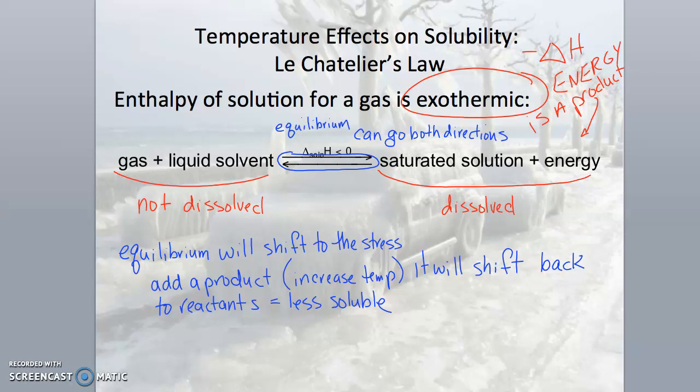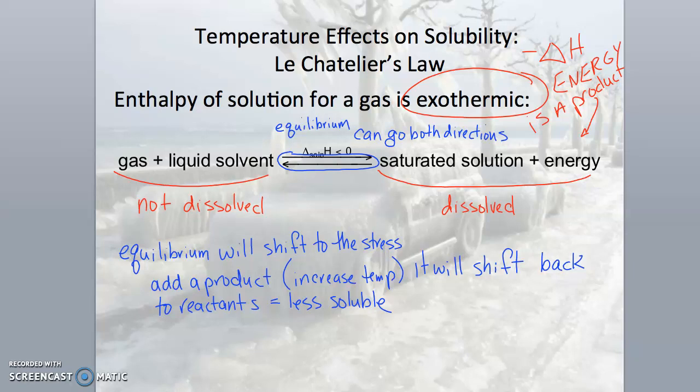Now back to those double arrows. Those double arrows mean that we have an equilibrium. So what's going on here is this reaction can run in both directions. But when it reaches an equilibrium, it'll still be moving in both directions. If we form some more saturated solution, then it'll run the other direction and form more gas and liquid solvent.